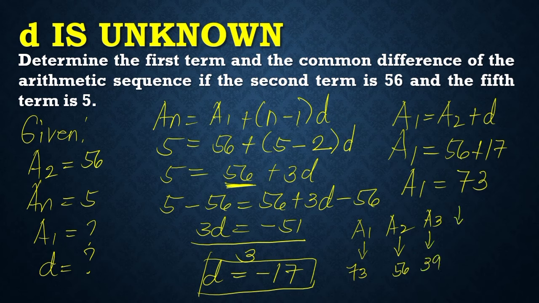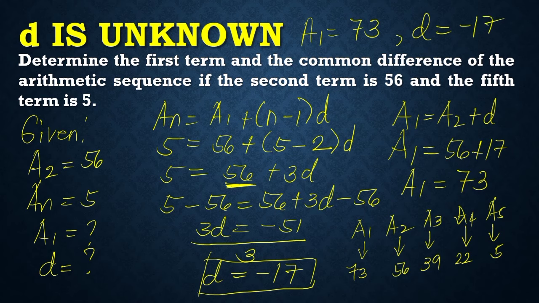Another negative 17, yung fourth term natin, anong sagot? 22. And another negative 17 for the fifth term, lilitaw na yung 5. So, yung ating first term na hinahanap dito is 73. And then the common difference is negative 17.